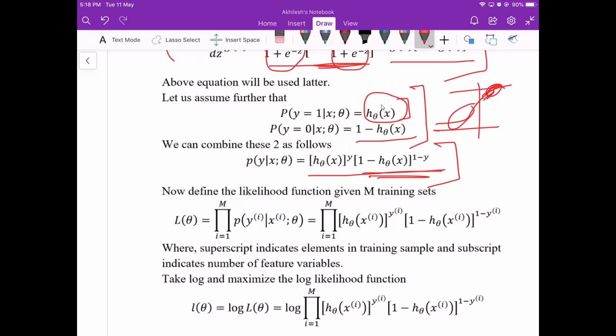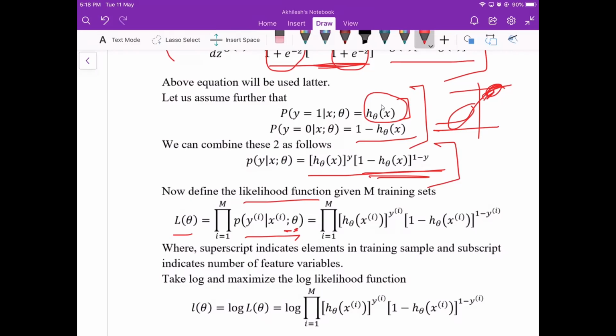So this is the likelihood function, the probability of y for given x and theta. The semicolon is to separate out the category of the variable, because x is the feature value and theta is the constant. What we have to find out is the constant, but since we need to determine it, it becomes a variable in the loss function.